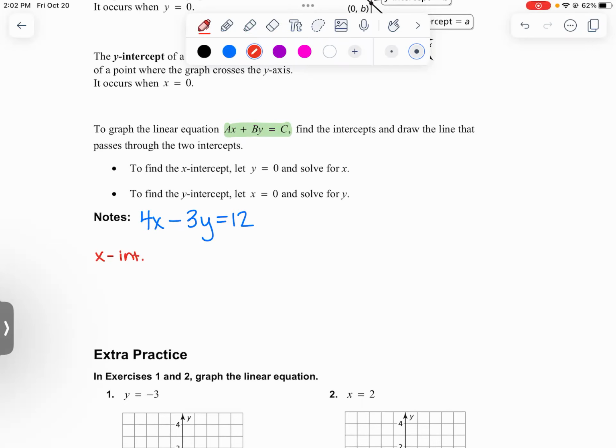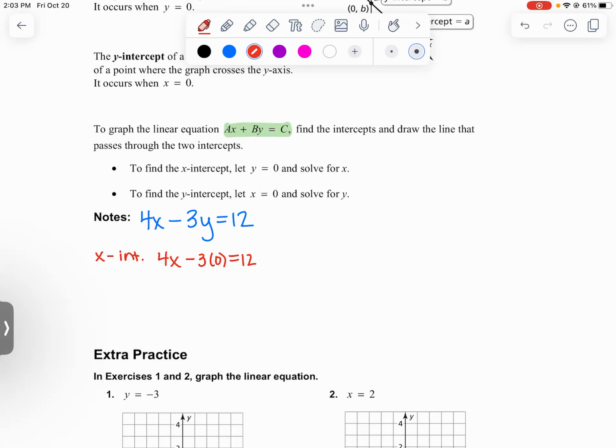So if I want the x-intercept, what do we know about every coordinate on the x-axis? The y is 0. So if I want my x-intercept, we are going to let y equal 0. So we have 4x minus 3 times 0 equals 12.